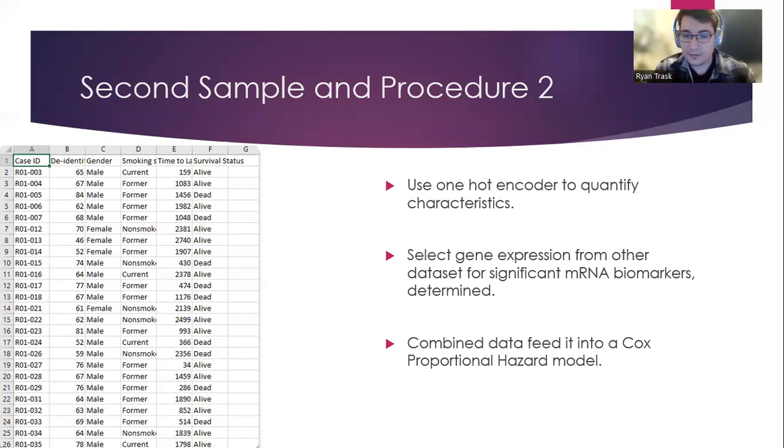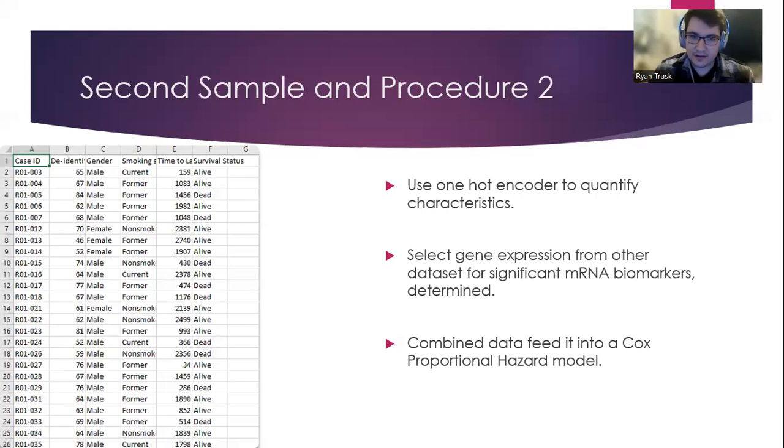So I do some encoding with a one-hot encoder to quantify it. For gender, say male would be 0 and female would be 1, and then gender would be the variable. That's basically how the encoding works. And I do that for each of the characteristics of the second data set.